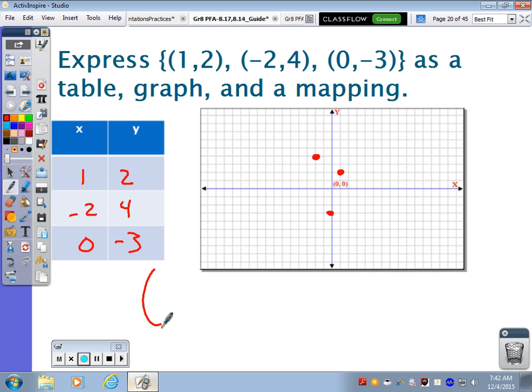And the mapping looks like this. This is your x, this is your y. And you've got all your domain in 1. So I'm going to go with 1, -2, 0, and then 2, 4, -3. And then these are important. And each one should match. So I've got 1, 2, -2, 4, and 0, -3.